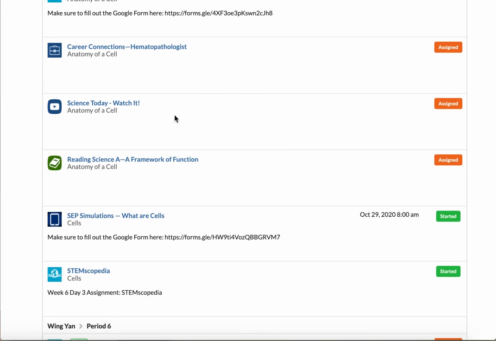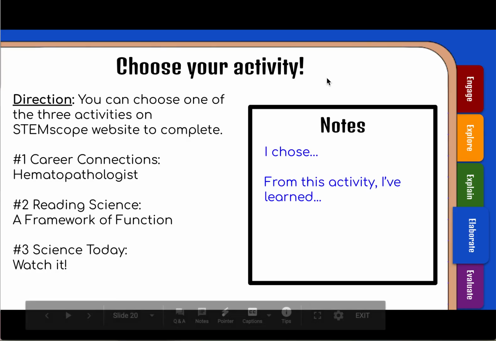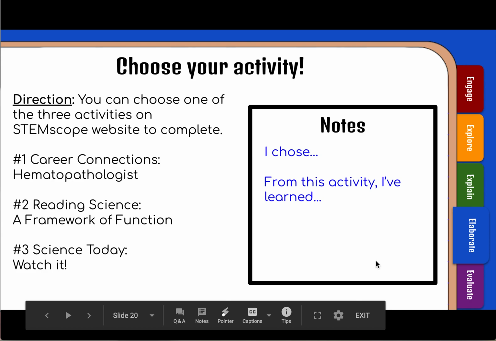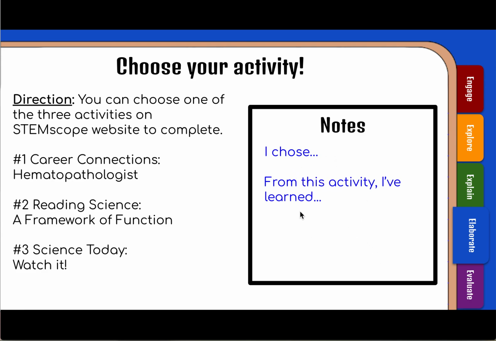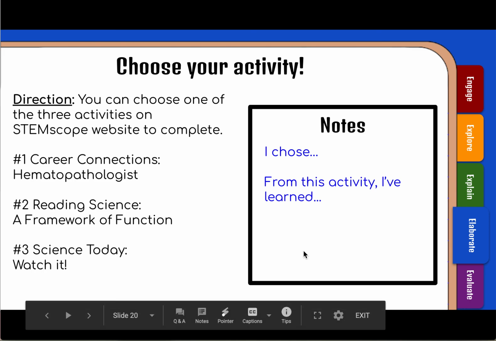Career Connection, Science Today, Reading Science. Again, just choose one of the three. You do not need to do the questions within STEMscope. You just need to do one of the three, whether you want to watch the video or read the article. After you finish that, you are going to go back to slide 15 right here, where you would tell me which activity you chose and what you learned from this activity.